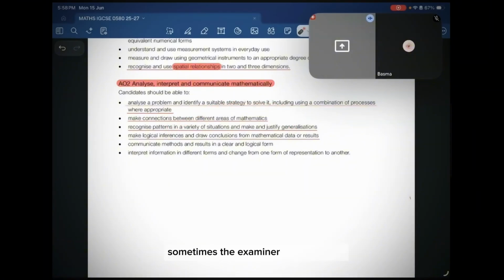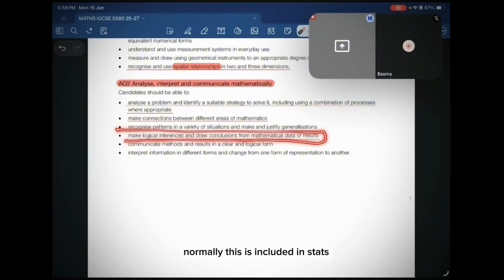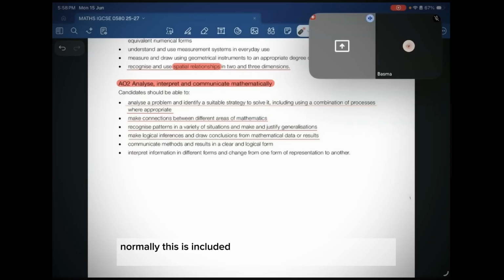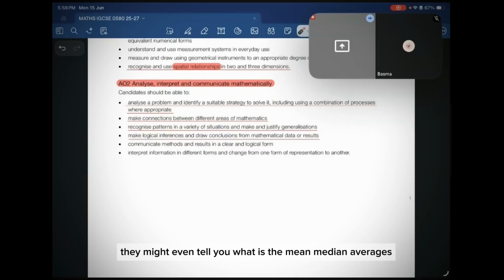Sometimes the examiner gives you certain data. Normally this is included when we're doing stats, where statistical data is given to you. They might even tell you the mean, median, averages, stuff like that.